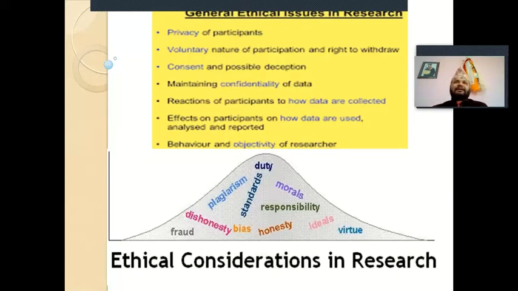We could say it was really fabulous, it was really wonderful information that you had given, it was quite interesting that you have shared with us. We could praise them in that way. That is the behavioral aspect. So these are the general ethical issues in research. It is really important. That's why we have discussed it a little bit longer. Okay.